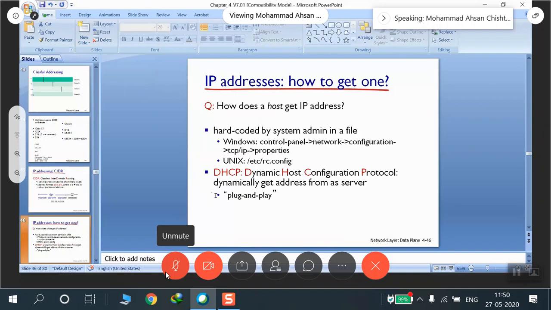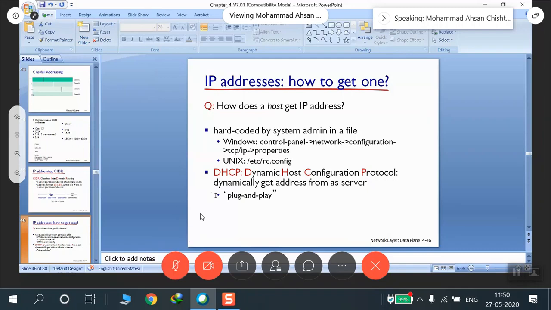It would include the IP address, the first hop router, or what I just mentioned as the default gateway, and the DNS, the primary DNS, the secondary DNS and so on. All this information would be sent by your router or by the DHCP server to which you are connected, and it would be programmed within your PC.